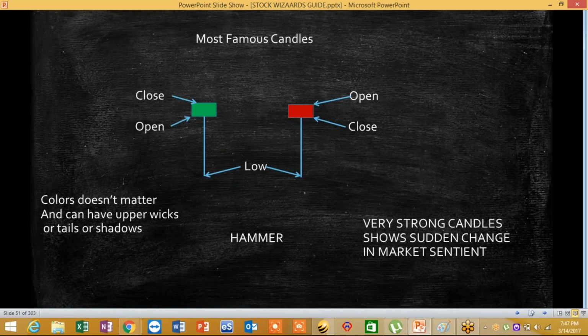Yeah, we will discuss that. Next slides are all those things. Okay. Just remember that these are rejection and reversal candles. That's it.